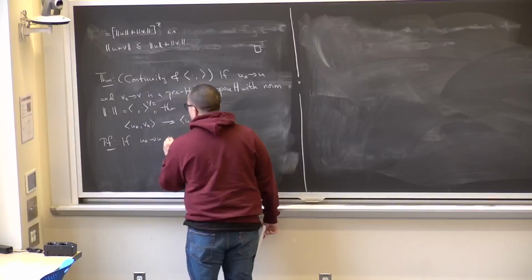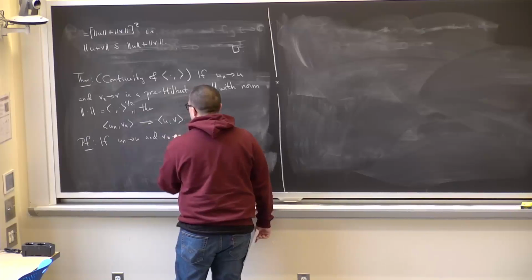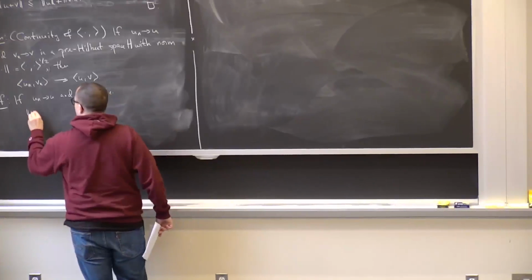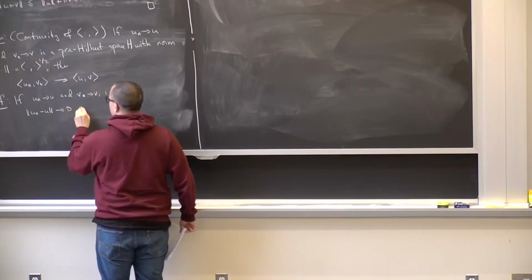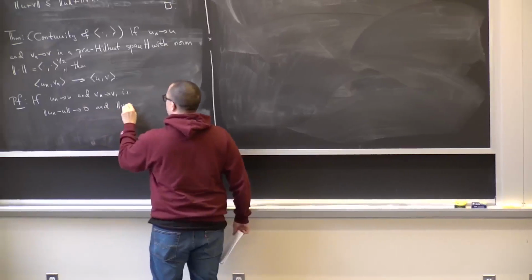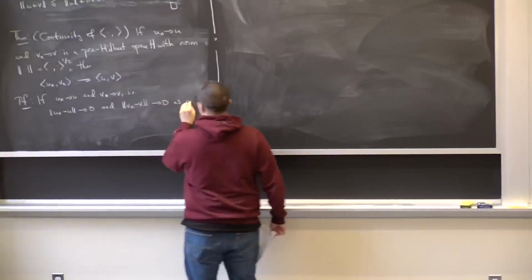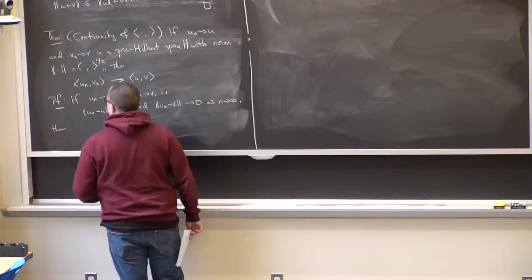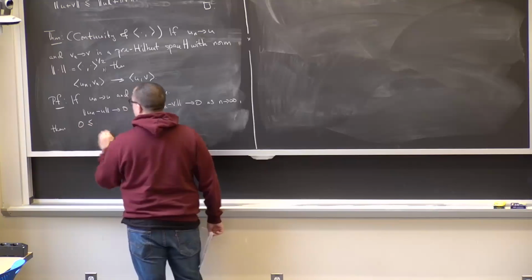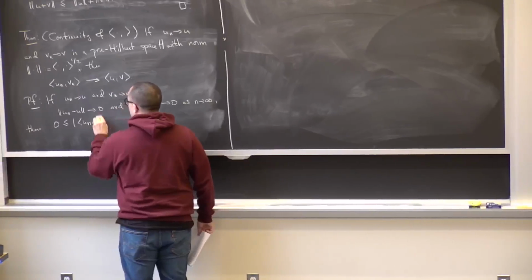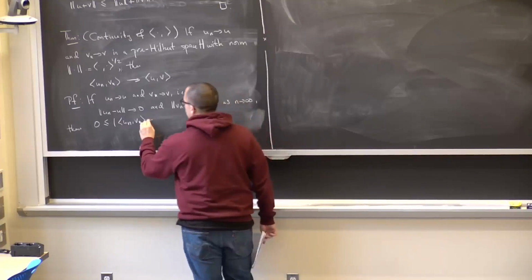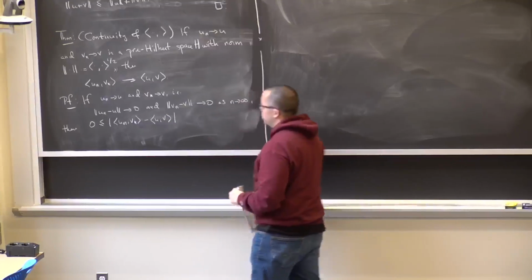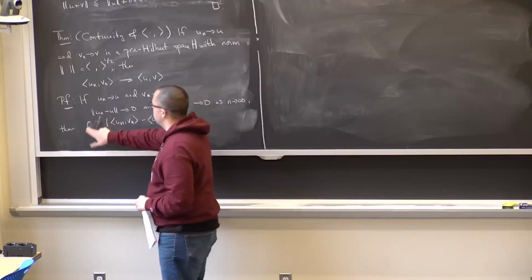If u_n converges to u and v_n converges to v, i.e., let me just spell this out for you, the norm of u_n minus u converges to 0, and the norm of v_n minus v converges to 0 as n goes to infinity, then we'll use the squeeze theorem to show that this quantity converges to the inner product of u and v.